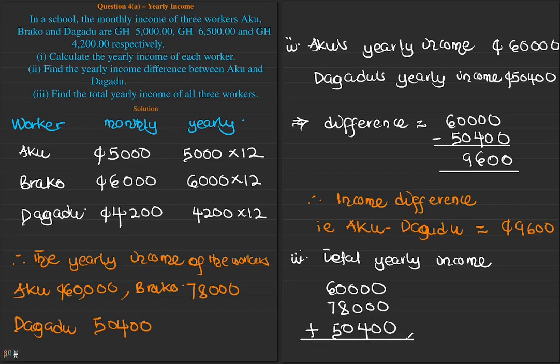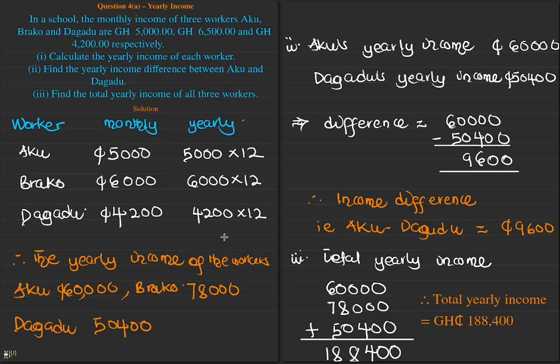And you are supposed to add all of them. 0, 0, 4, we have our 8, then 5 plus 7 gives us 13, and then 13 plus 5 also gives us 18. So we can conclude by saying, therefore, the yearly income is simply 188,400 cedis. So that ends question 4A of the BECE 2026.